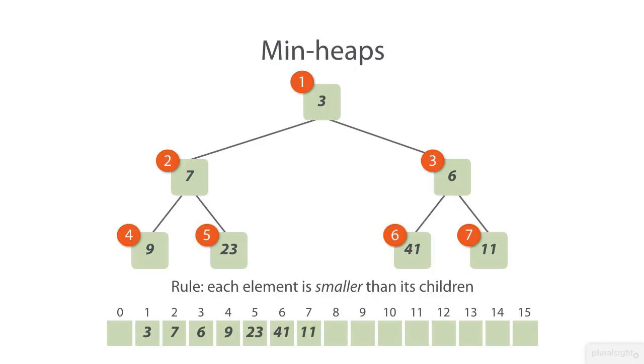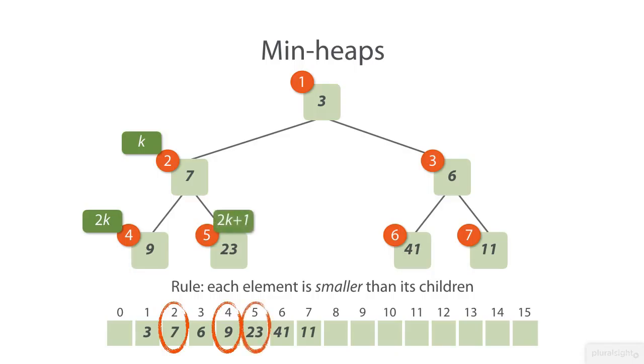In general, the array is organized such that if a given element is stored at position, say k, then the element's left child is stored at position 2k, while its right child is stored at position 2k+1. But for our analysis here, that's not important.